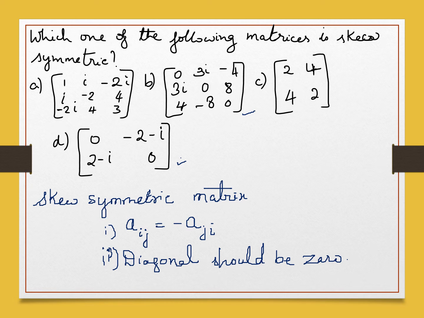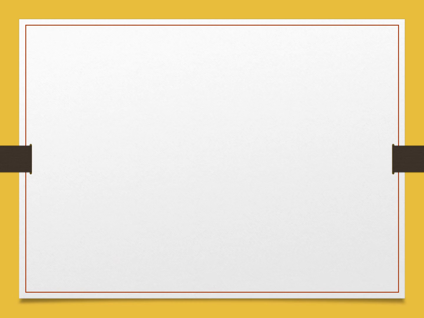Now if we consider the B matrix, it is given with the values 0, 3i, minus 4, minus 3i, 0, 8, and 4, minus 8, 0.